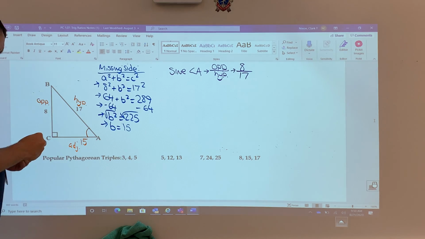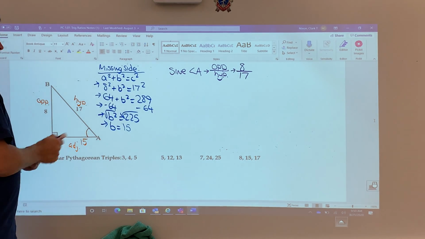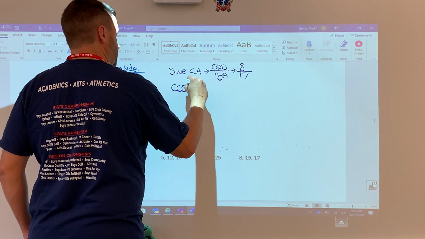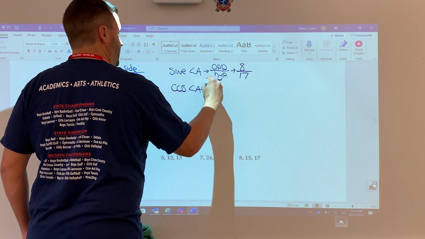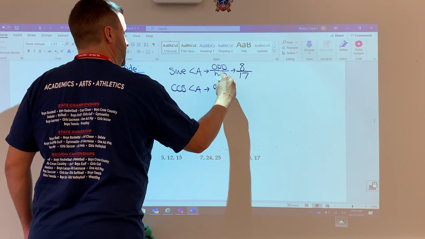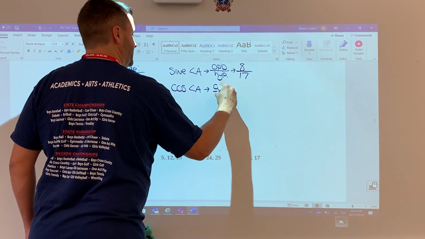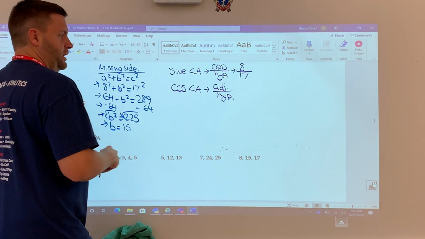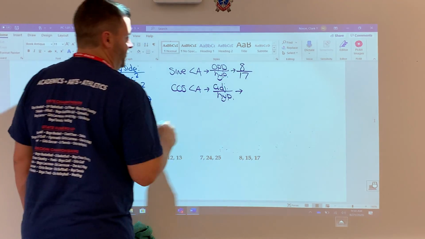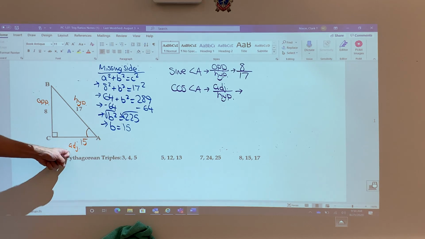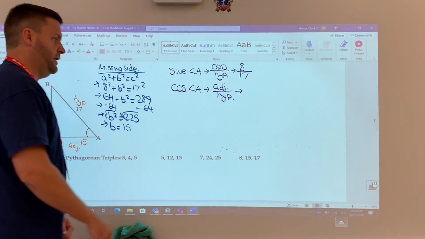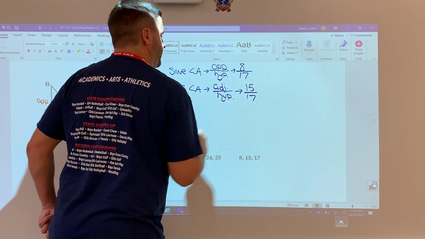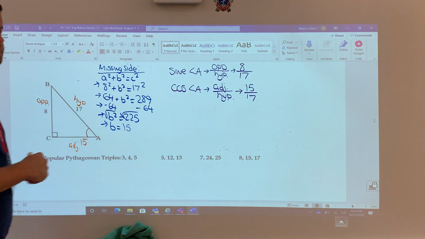Okay, let's look for cosine of angle A. Again, what is cosine equal to? Adjacent over hypotenuse. What is my adjacent side based on angle A? 15. And my hypotenuse is 17, so your ratio is going to be 15 over 17.